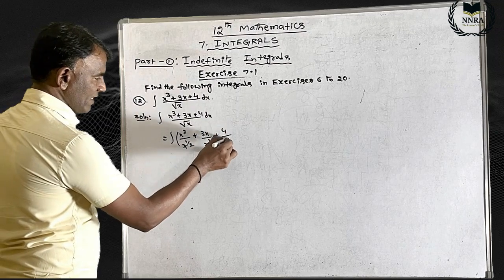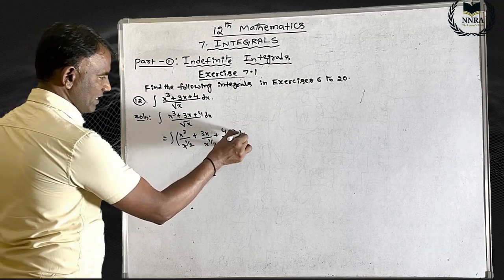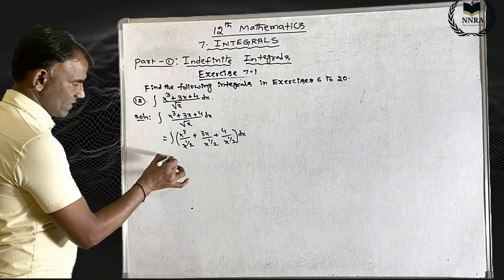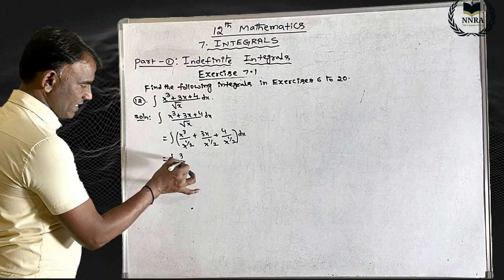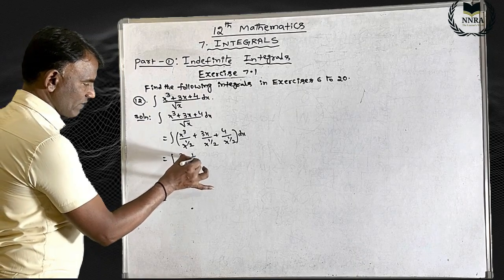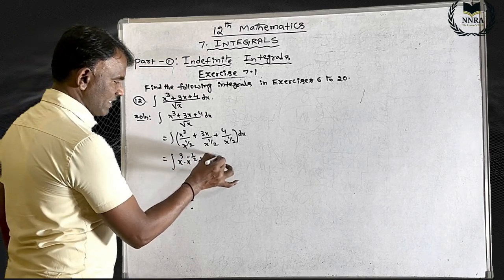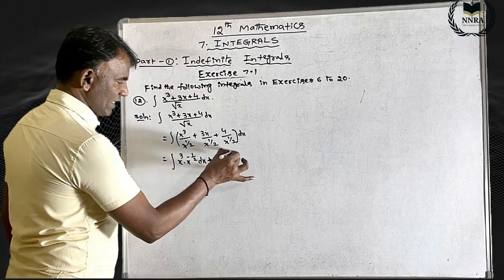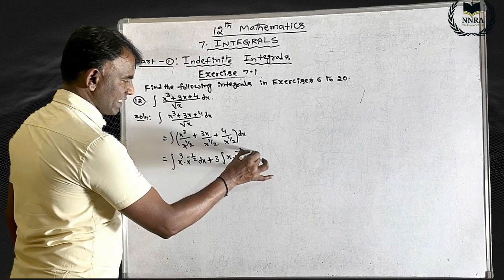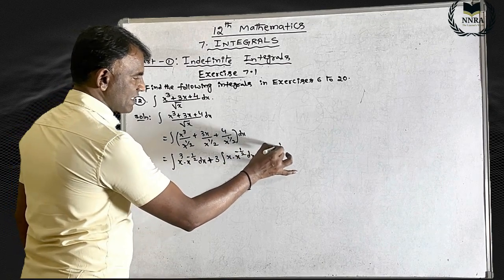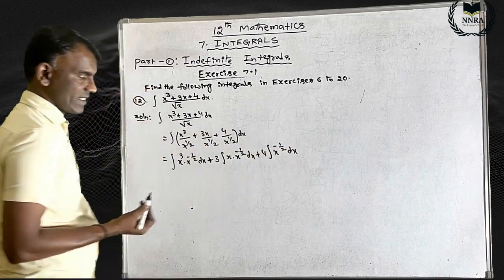Third one, 4 by x power 1 by 2 into dx. So first one can be written as x power 3 into x power minus 1 by 2 into dx. And second one, 3 constant, to separate that. Okay. Then x into x power minus 1 by 2 into dx. And 4 integral x power minus 1 by 2 into dx.